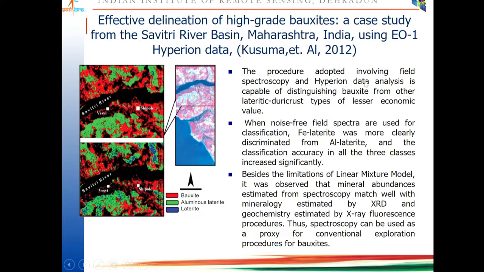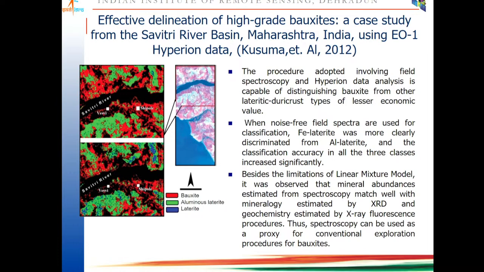They used the Hyperion, and the algorithm was the linear mixture model, and they observed that the mineral abundance estimated from the spectral analysis matches very well with the estimations done by XRD and geochemistry, done by XRF and XRD.